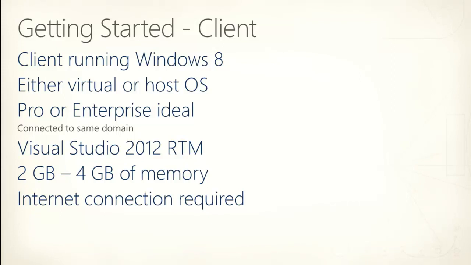My example today, I went with virtual because my SharePoint environment has its own domain controller, and I want the client on the same thing, so we'll be running that virtualized. And that's why Pro or Enterprise is ideal, so you can actually connect to that domain. And I've gotten by with 2 to 4 gigs of memory for this, so between that and SharePoint, already you're looking at pushing 16, and don't be surprised if I get a memory warning, even in the middle of my demos, because I'm really pushing it to the max.